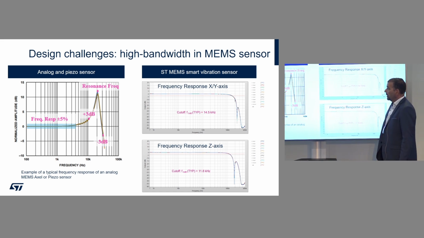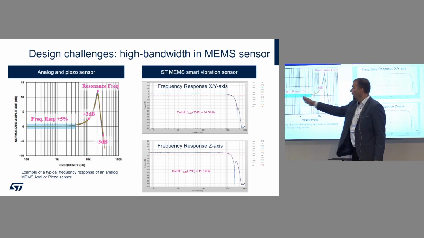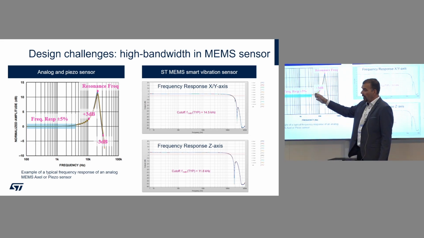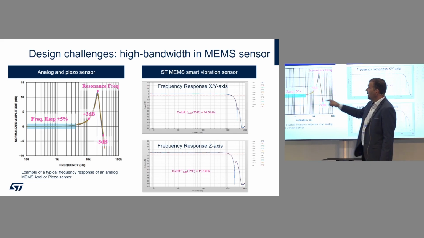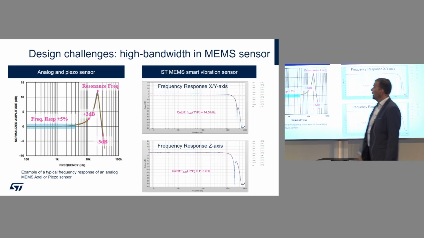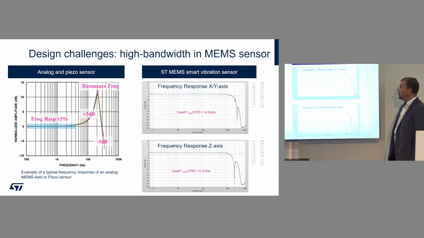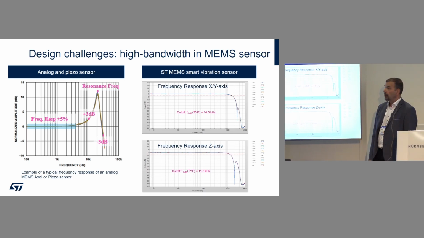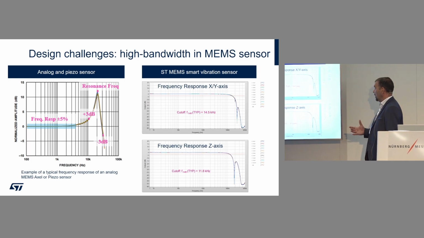What you can typically see in those devices is a flat frequency response up to a certain frequency, and then there is typically a resonant peak, which takes a few dBs in amplitude, something you have to deal with in your application if you are really interested in the amplitudes of the vibrations.